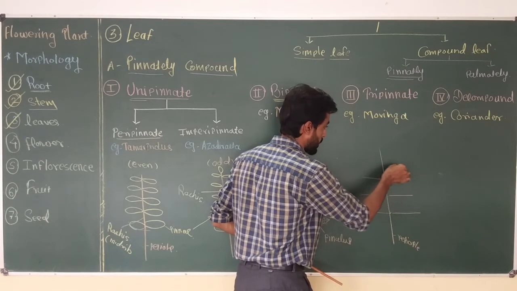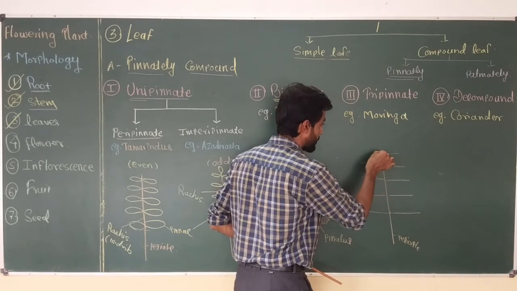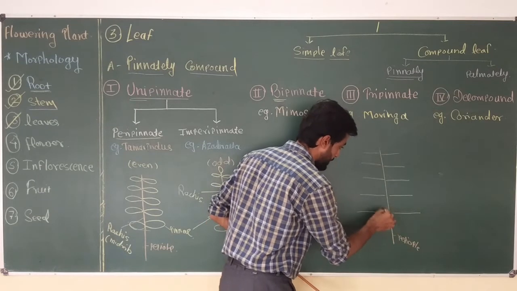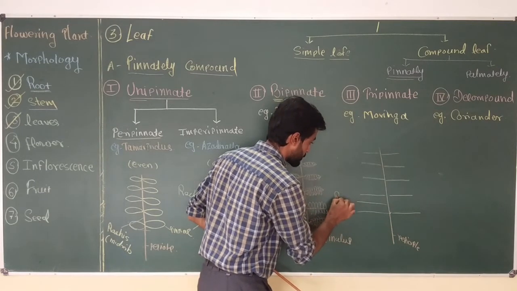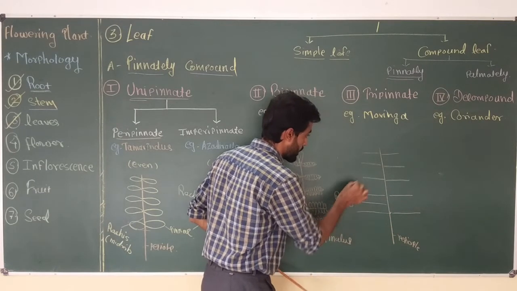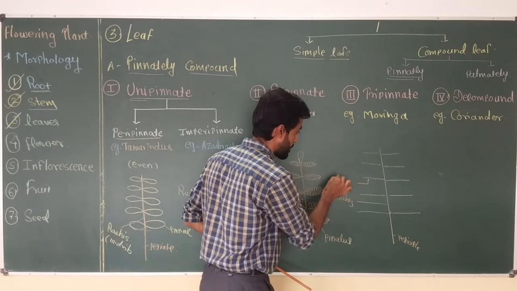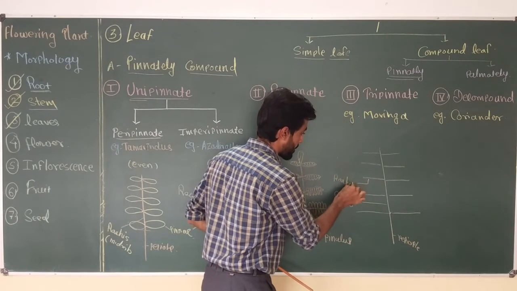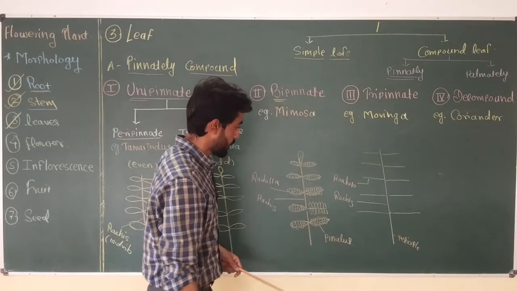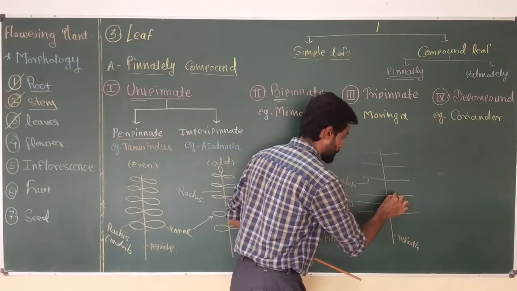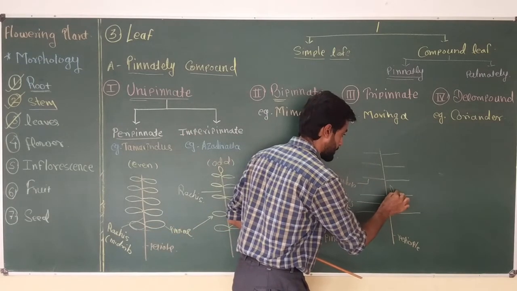These branches are called rachilla. Okay, so the middle branch is the rachis and these branches are rachilla. Now we know that this type of structures or pinnules are present on the rachilla.